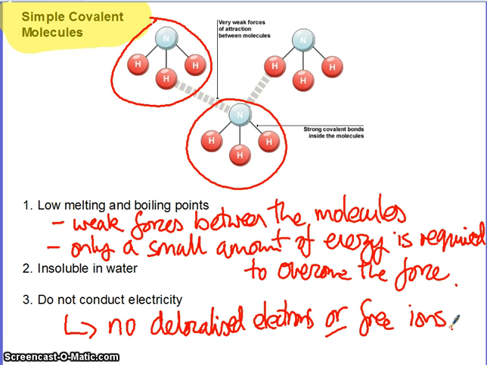An ionic substance at that point has free ions which can carry the charge. So this one here is very much the key point.